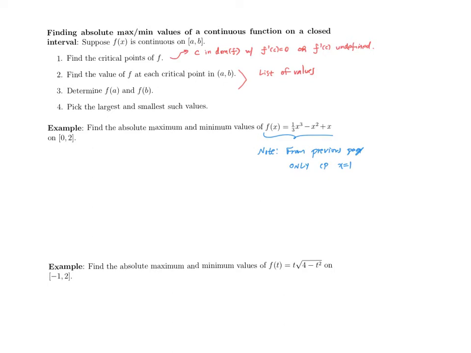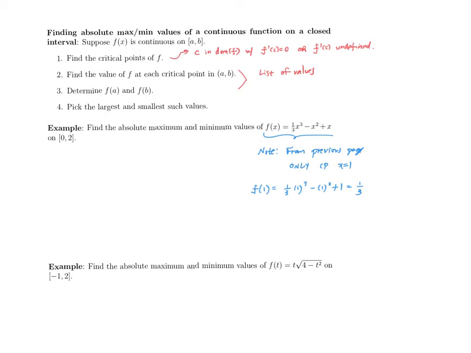So we must determine the function value at 1. Substituting 1 into our function, we would have 1/3 times 1 cubed minus 1 squared plus 1. 1/3 minus 1 plus 1 is simply 1/3. We also need to, according to step 3 of the above procedure, evaluate f at 0 and evaluate f at 2.